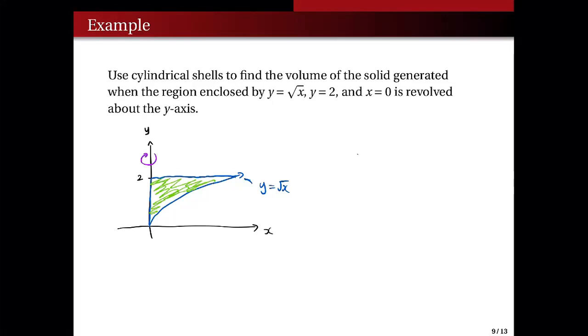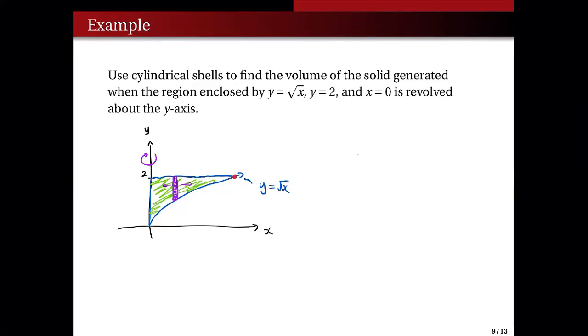So we will be using vertical strips. Since it's vertical, the motion of this strip is from left to right, and therefore we will need the x coordinates.